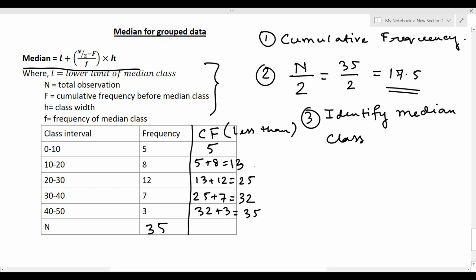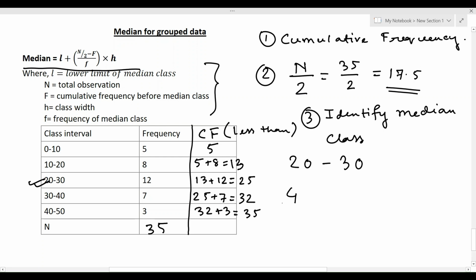Now from this table we have to identify that class where the cumulative frequency is equal to or just higher than 17.5. So in our data, this class 20 to 30 includes the cumulative frequency 25, which is just higher than N by 2, that is 17.5. So in this example, the median class is 20 to 30.